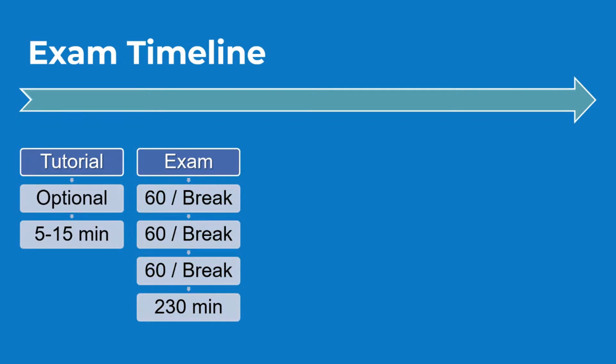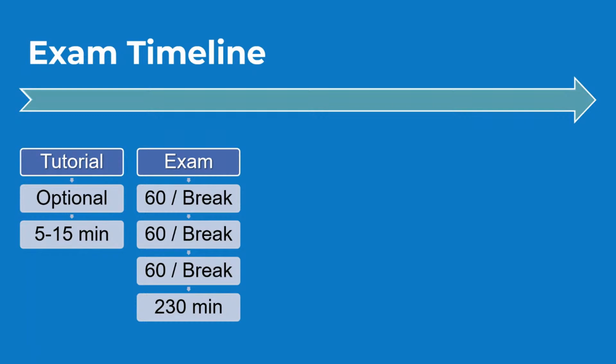Then the exam begins. The exam will ask you, this is for the PMP exam, 60 questions. Then you have an optional 10-minute break. Highly recommended you take it. Another 60 questions, another 10-minute break, 60 questions, another 10-minute break, right? In total, you have 230 minutes for the exam, excluding the breaks.